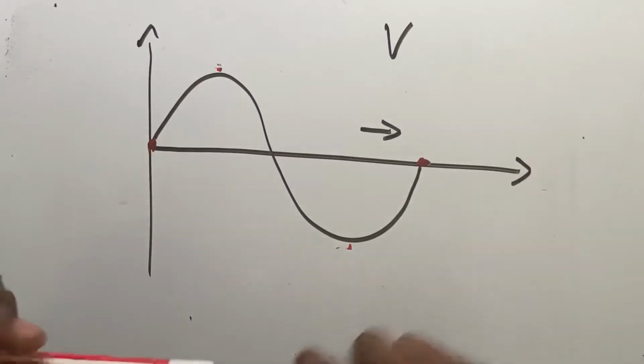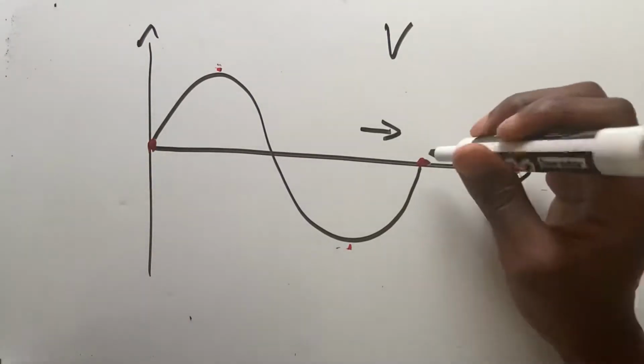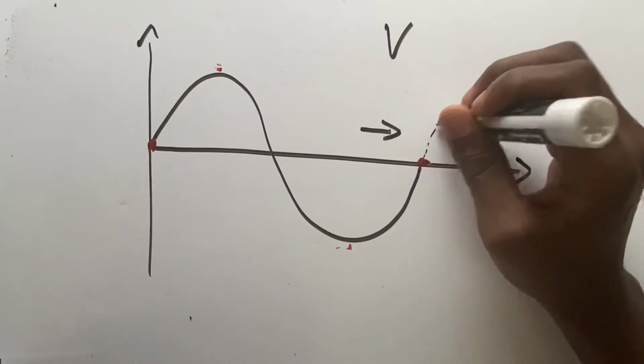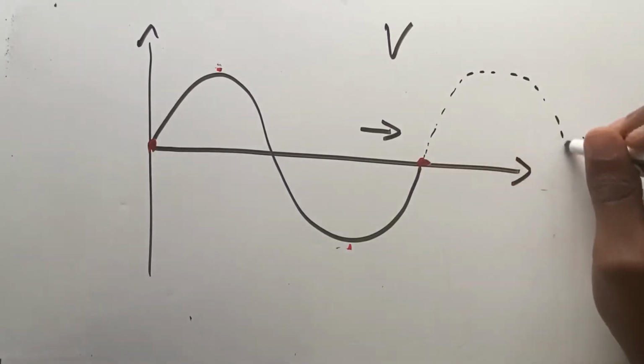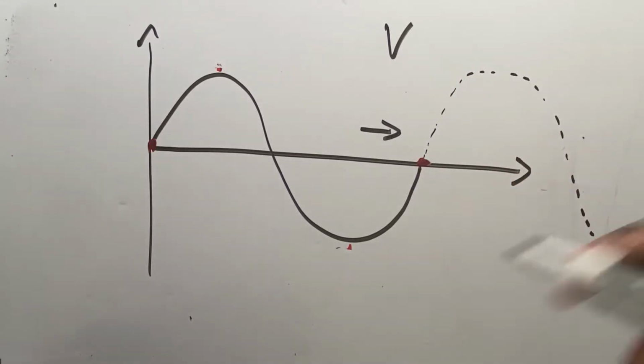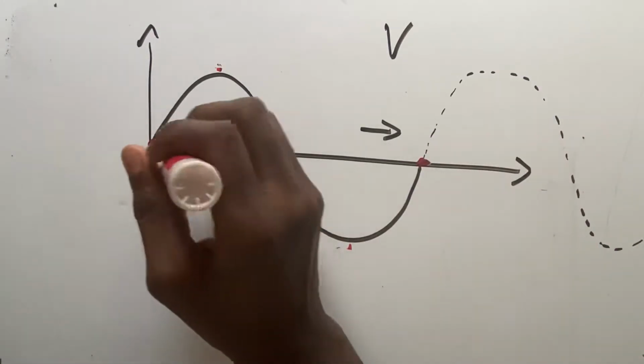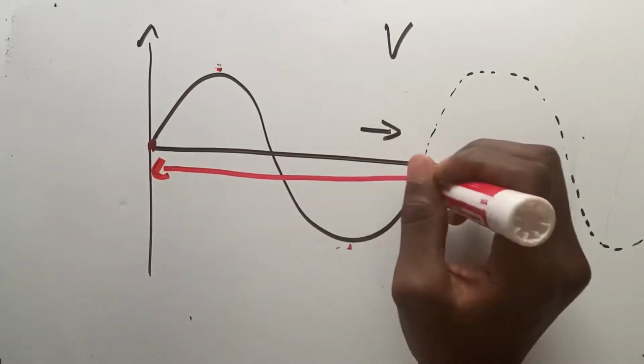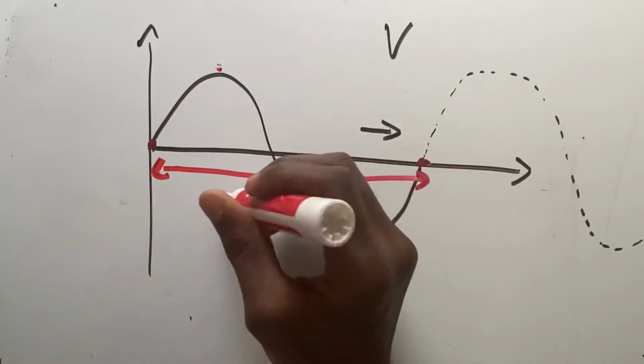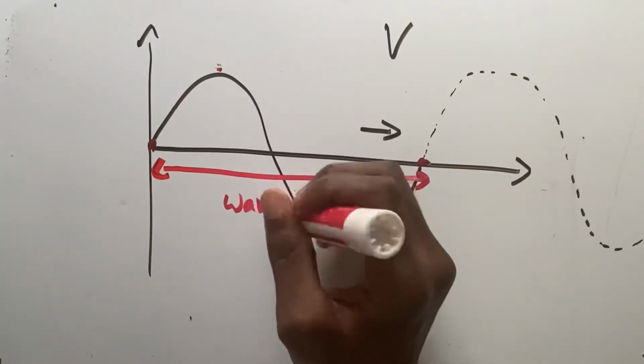Now, this wave could continue on, like so. So let me label this. From here to here, that's a wavelength.